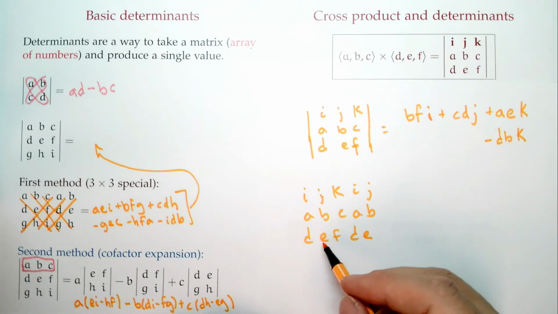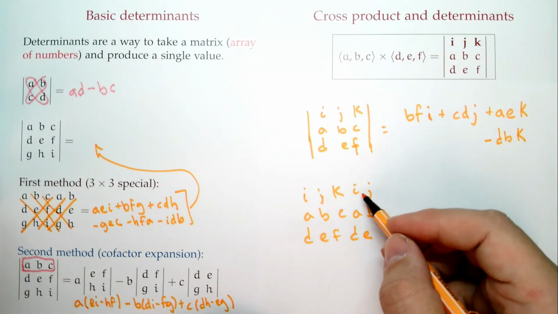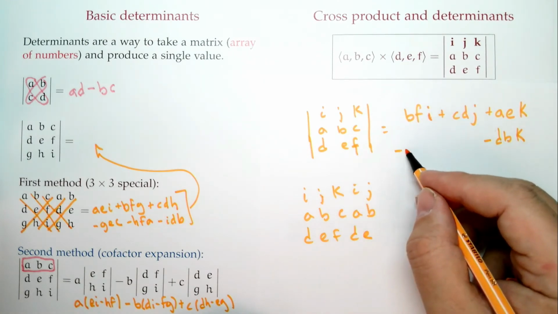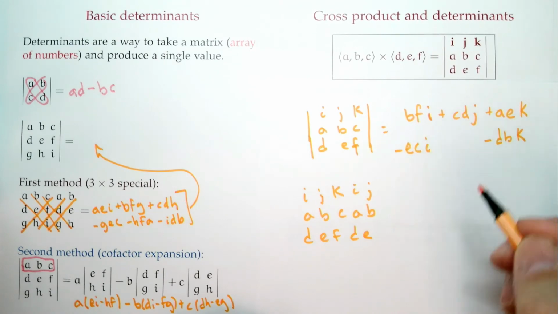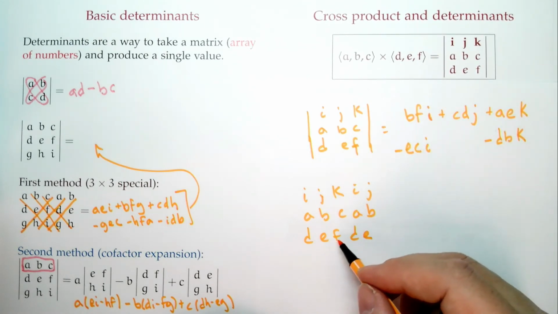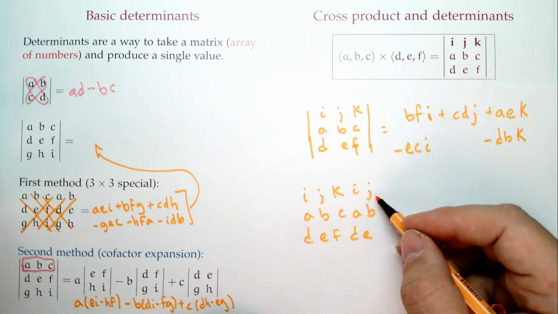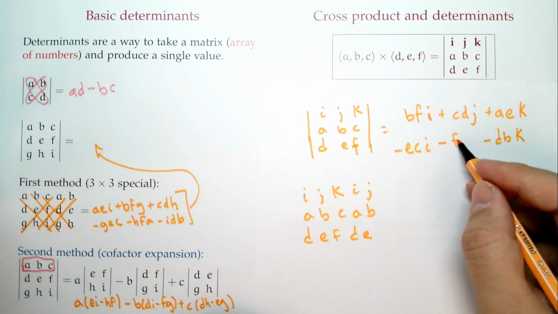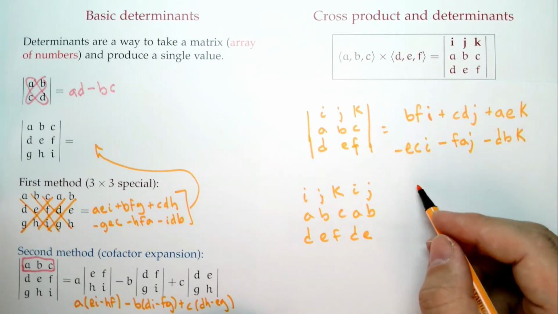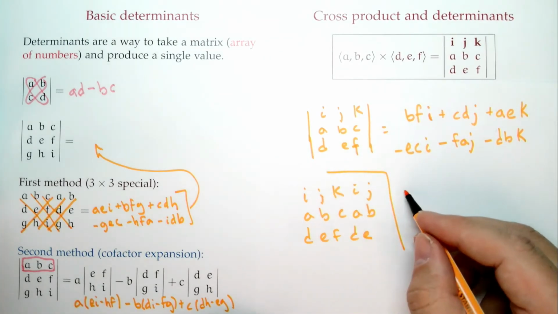All right. Next one, E, C, I. So, subtract E, C, I. And then last term, F, A, J. So, subtract F, A, J. Now, if we put this together, what do we have?